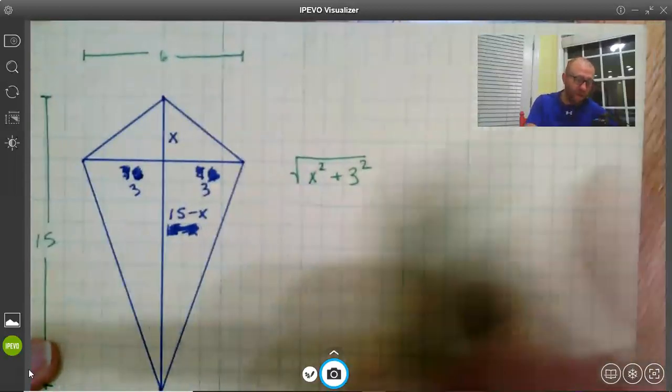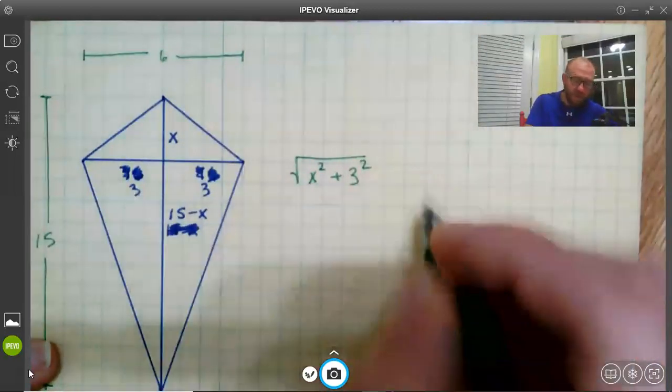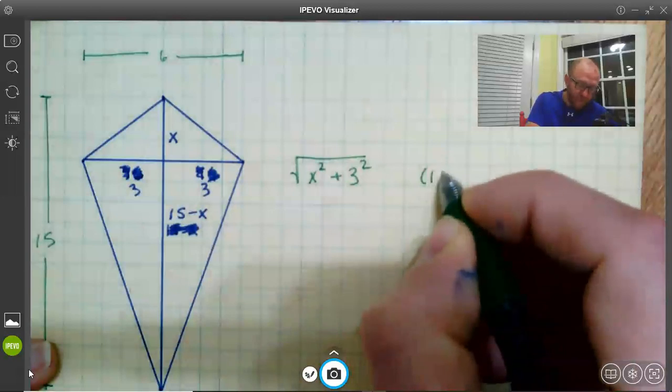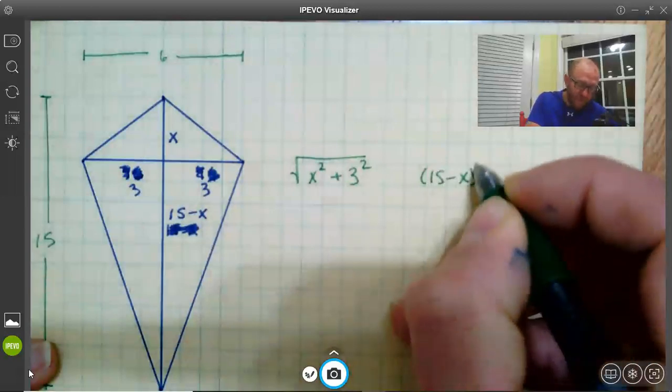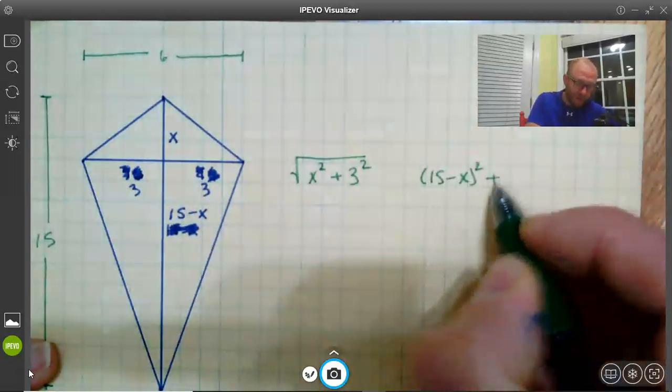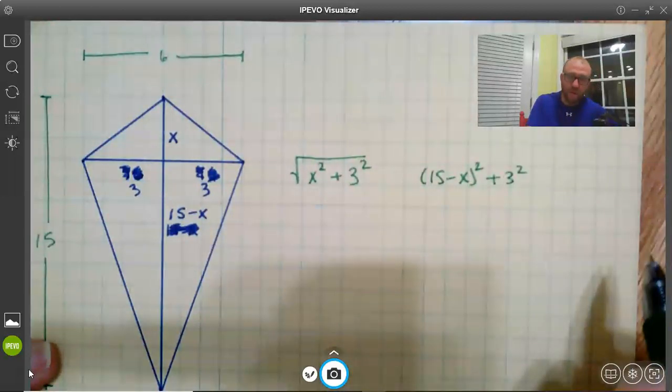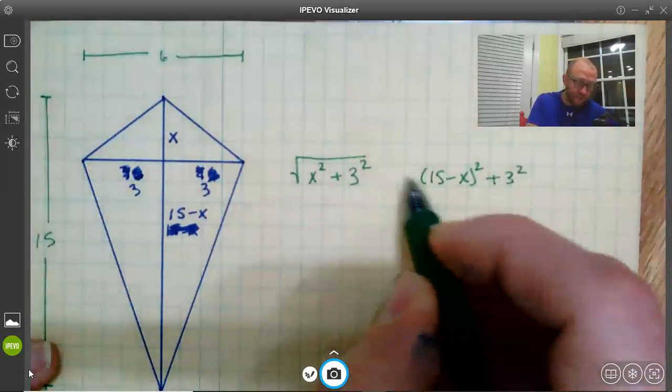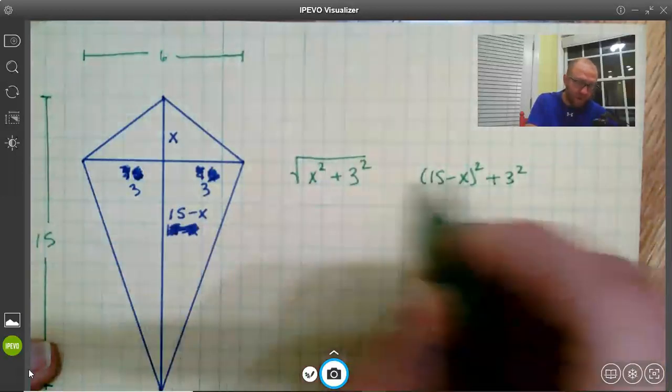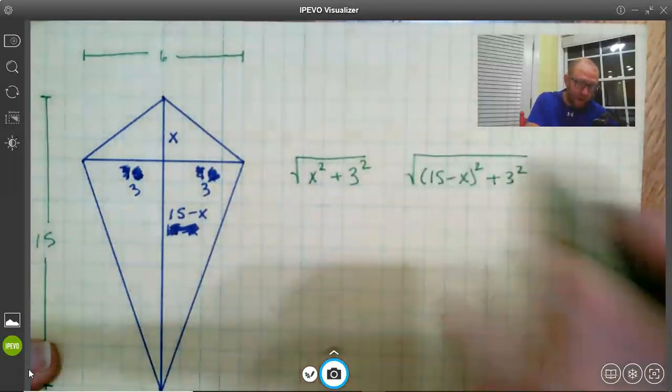And then on the other hand, I've got 15 minus x squared and 3 squared, so 15 minus x squared plus 3 squared equals c squared. That would be for the long side, but I'll put in the square root bracket part here.